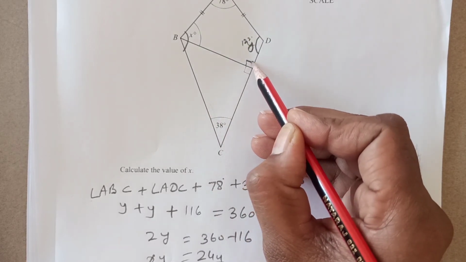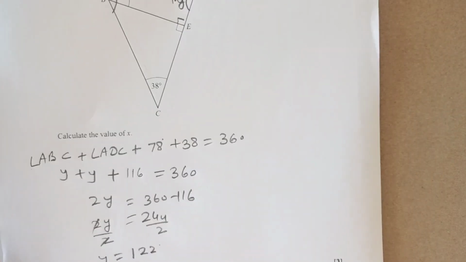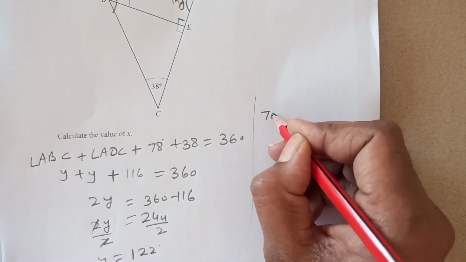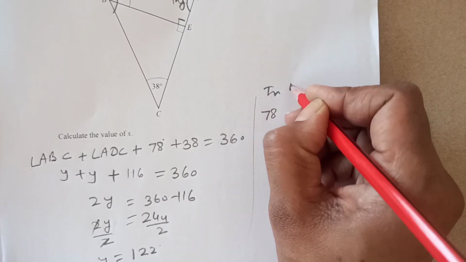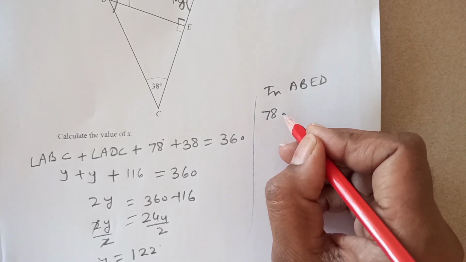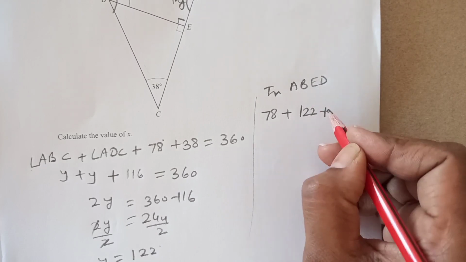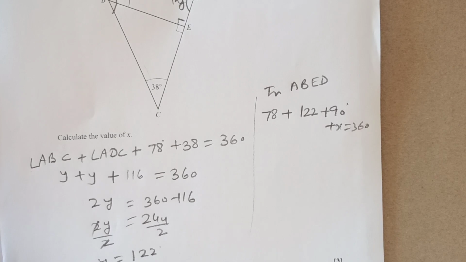Okay. So if this angle is 122, we have this value here. So this is 90, right? So if this is 90, this is also 90. So then we can just use this quadrilateral to find out the angle. So meaning 78 in the ABED quadrilateral. 78 plus this one is 122 plus 90 plus x is 360, right?